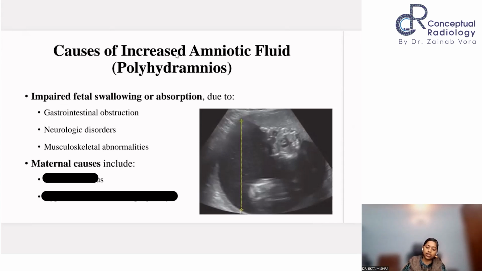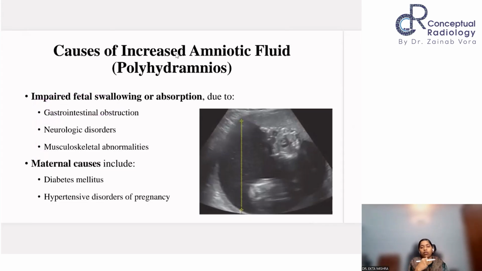So it can be in cases of GIT obstruction or any neuromuscular causes that impair the ability of the baby to swallow. Okay, so these 3 important things. And then maternal causes. Diabetes, a very important cause of poly, and hypertensive disorders of pregnancy.